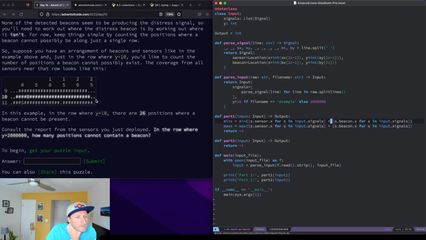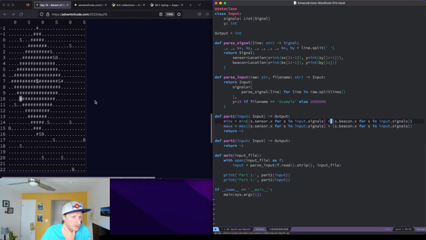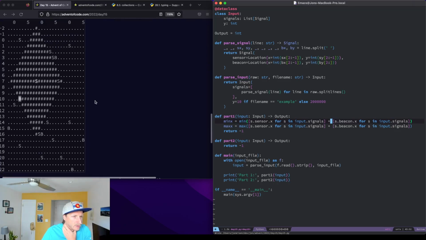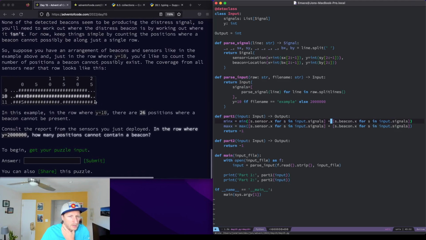Well, how do we know how far to go in X land? Okay, so we just need to determine how many positions it does cover.